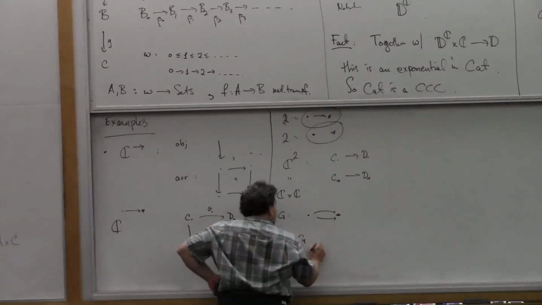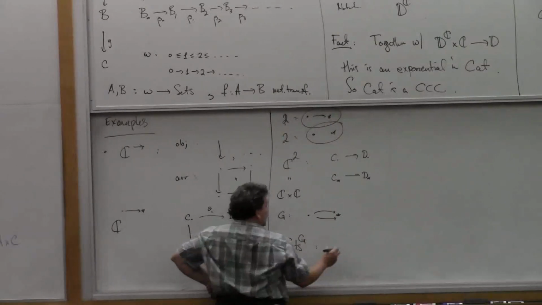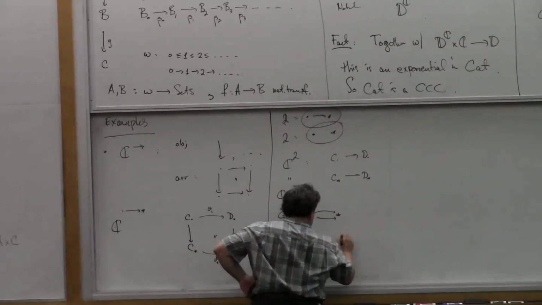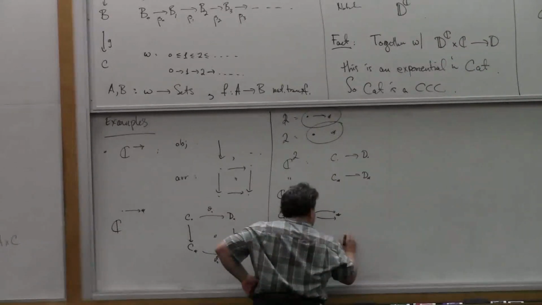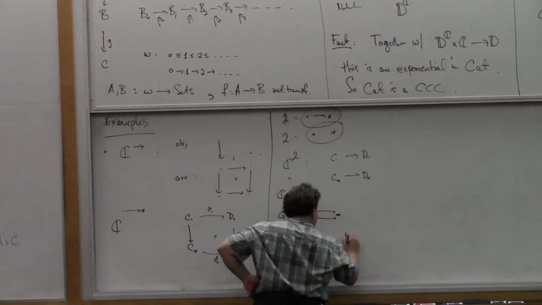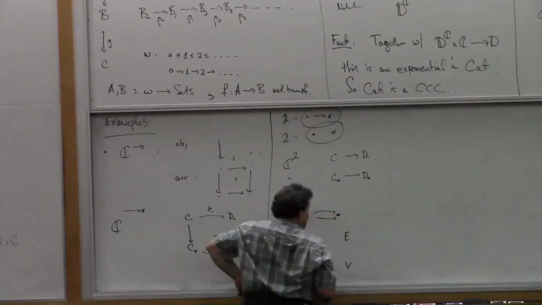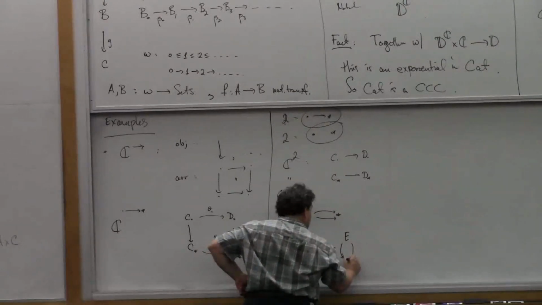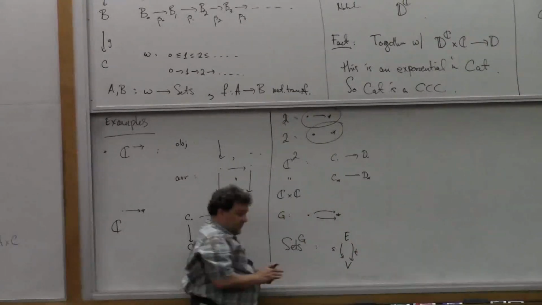What are the objects now in the functor category? Well, that would be a pair of sets, which I'll call suggestively the edges and the vertices, and two arrows, call them the source and the target. So that's just a graph, right?